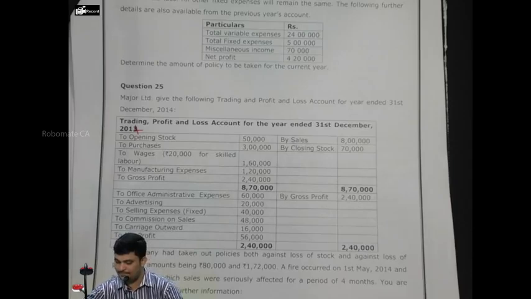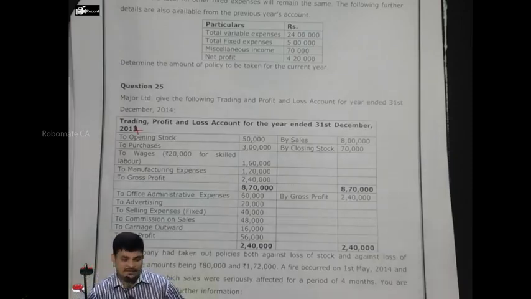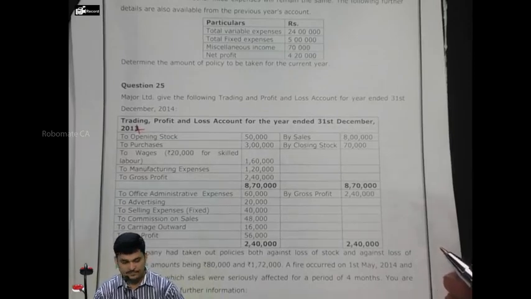Sales for the same period were 2,40,000. Other sales figures were as follows. From 1st January 2013 to 30th April 2013, 3 lakhs. From 1st May 2013 to 31st August 2013, 3,60,000. From 1st May 2014 to 31st August 2014, 60,000.